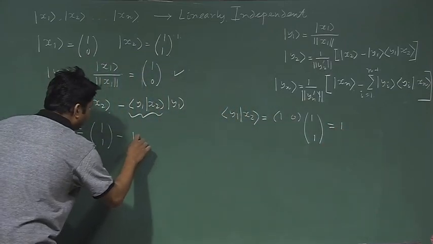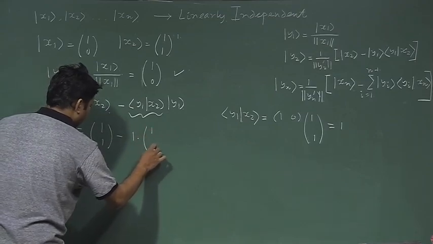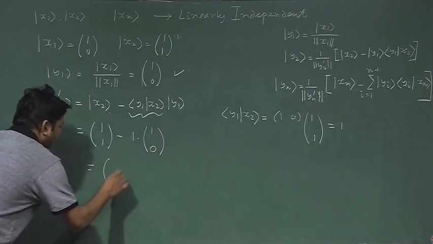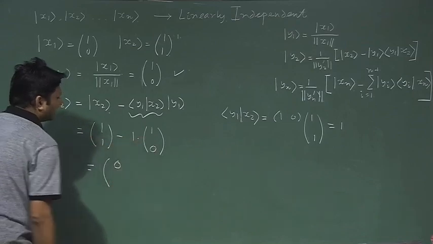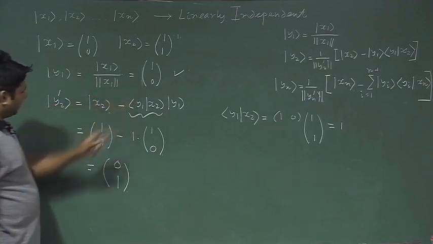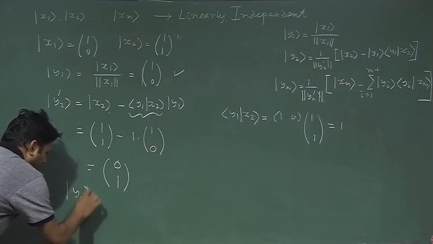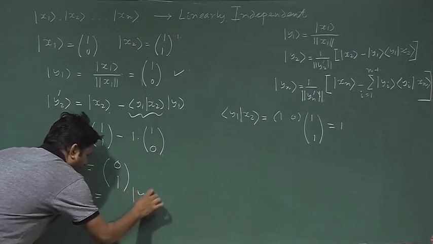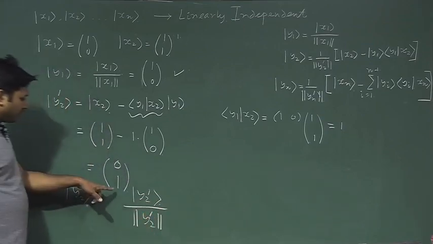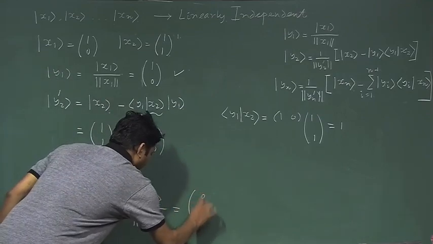So, now it will be just 1 multiplied by y1 which is 1 0. So, it comes out to be 1 minus 1 which is 0, and 1 minus 0 which is 1. So, 0 1. So, y2 prime is this, and y2 is simply y2 prime divided by the mod of y2 prime according to my rule, but here the mod is 1 automatically. So, I will have simply 0 1.